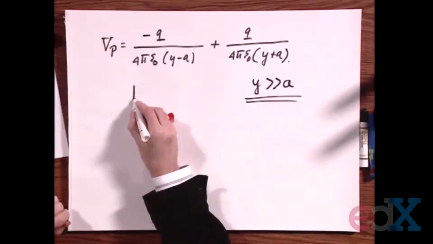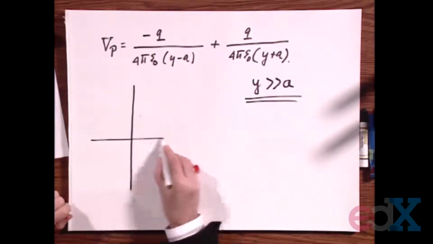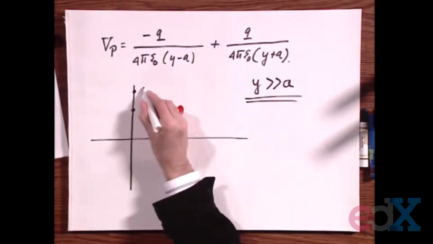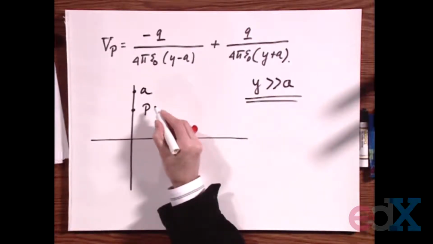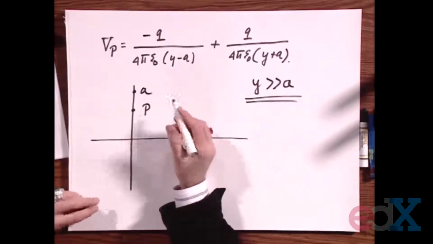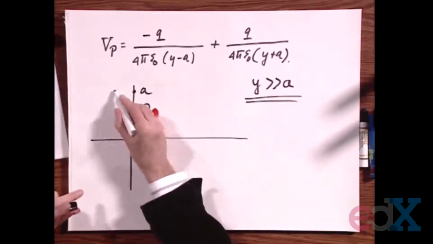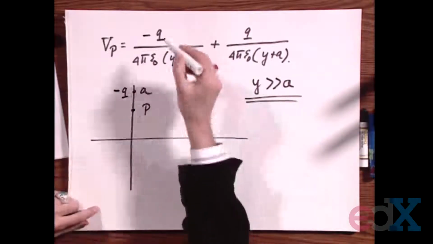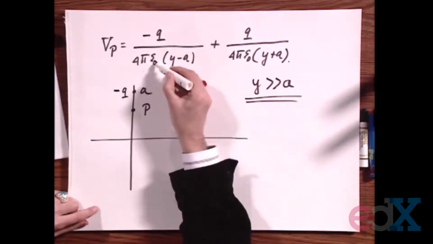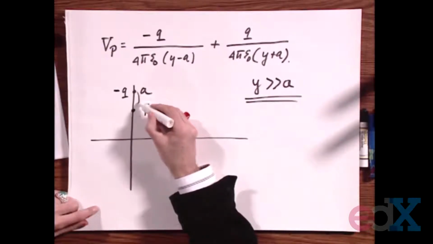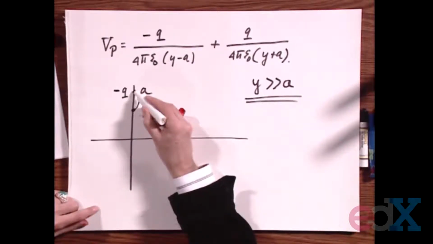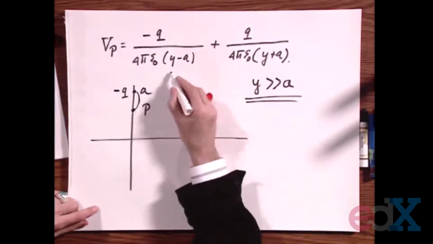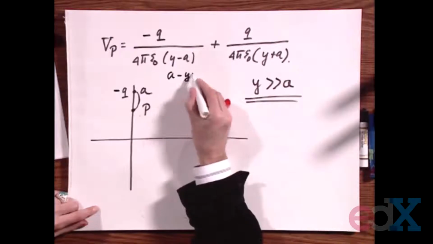But I want you to see that if point P lies below a, the situation changes. Because when I now calculate the potential at point P due to this charge minus q, the minus q remains here, the 4 pi epsilon 0 remains here, but now the distance between that point P and this position is no longer y minus a, but that position has now become a minus y.